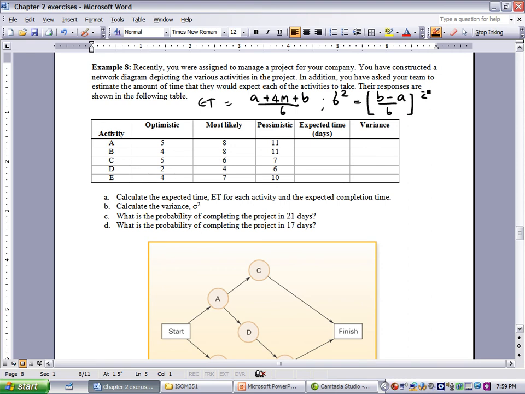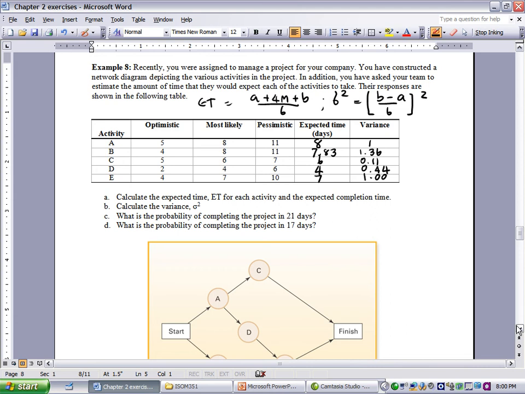If you find this out, you will get 8, 7.83, 6, 4, 7, and the variance you get 1.36, 0.11, 0.44, and 1.0.